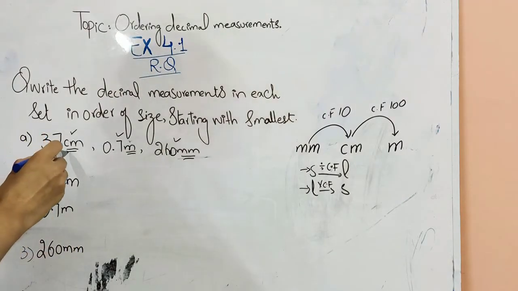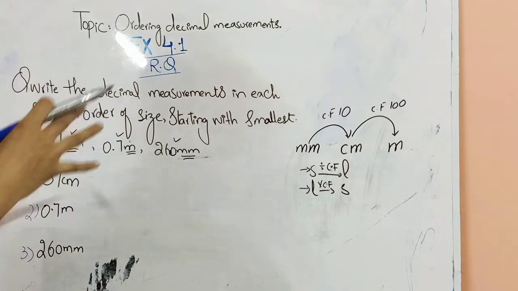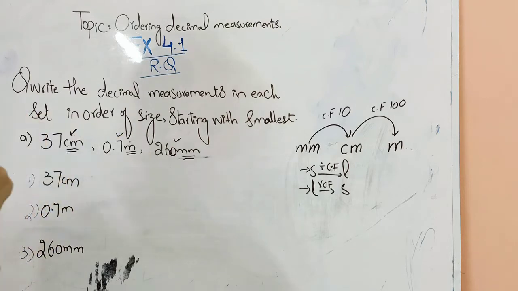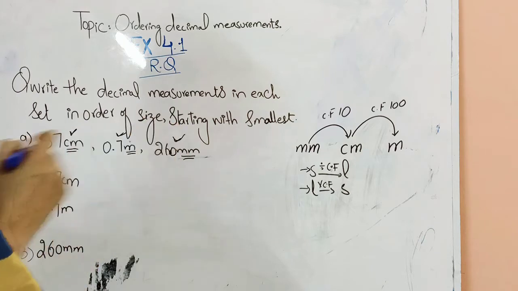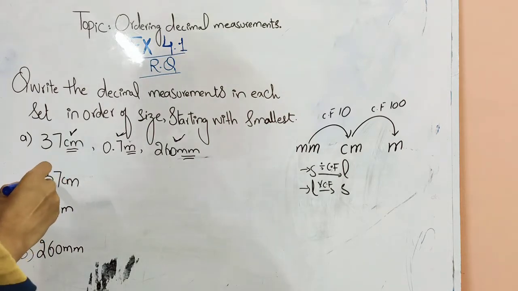It's up to you which unit you want to convert all your values into: centimeter, meter, or millimeter. But the easy way is to convert into the smallest unit. So here I will tell you how we can convert it.